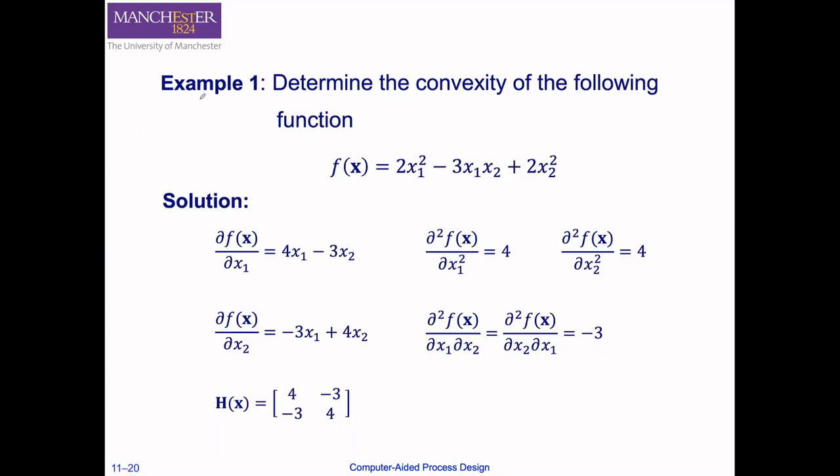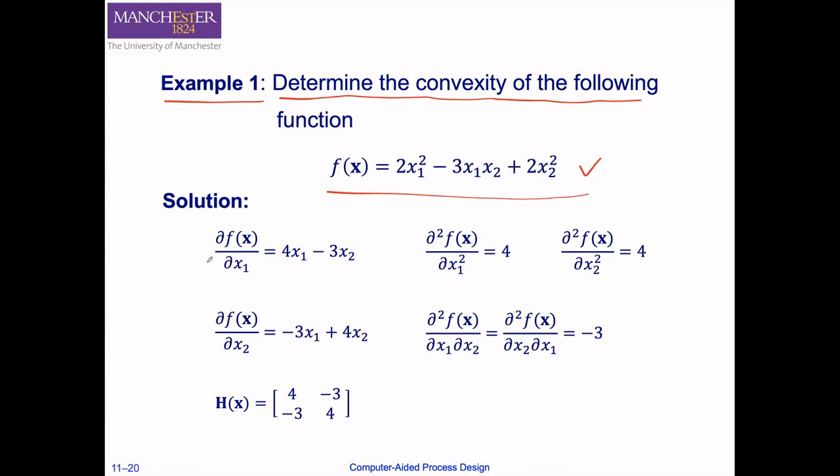Let's look at example 1. In example 1, we want to determine the convexity of this function f(x). In this function, we have two variables, x1 and x2. If we want to determine the convexity of this function, we first need to obtain the Hessian matrix of this function.